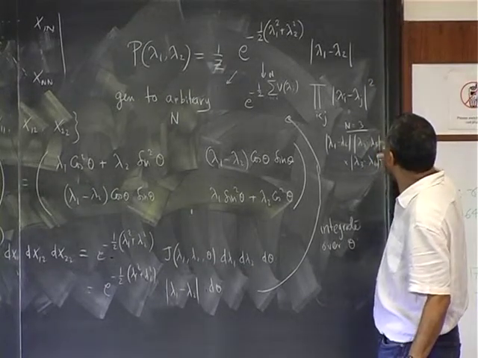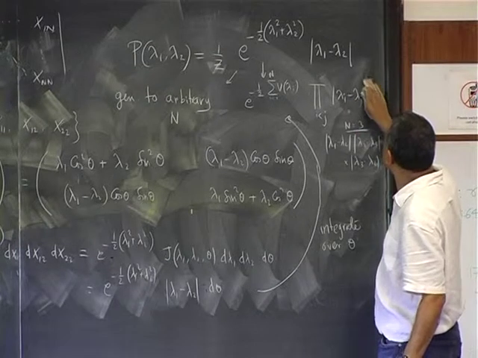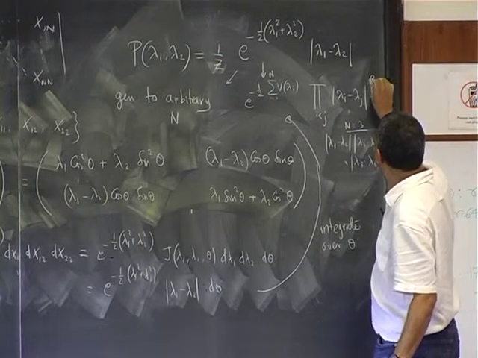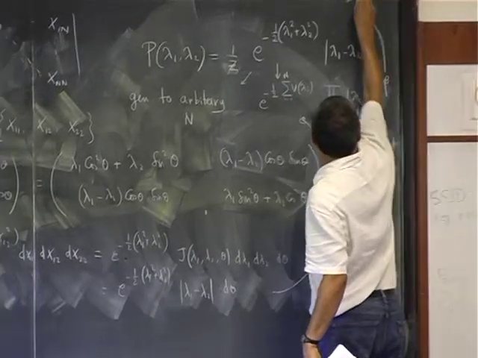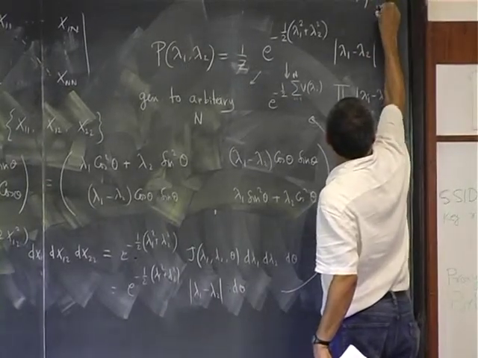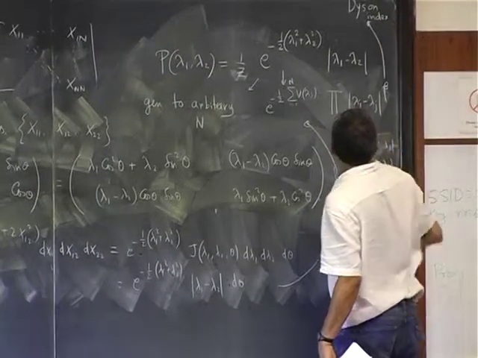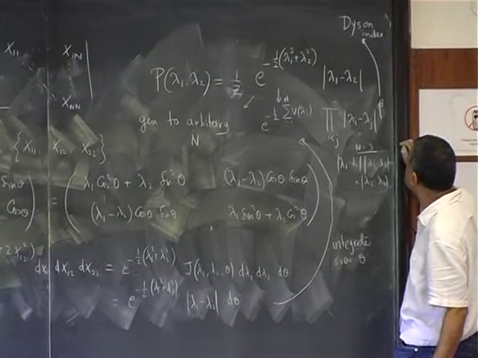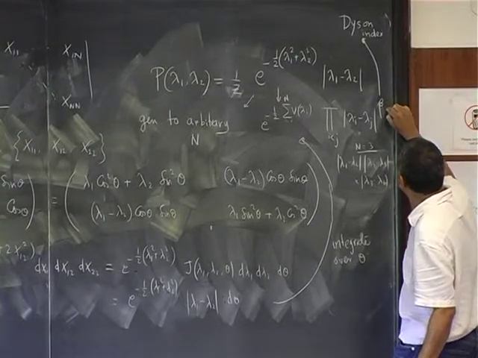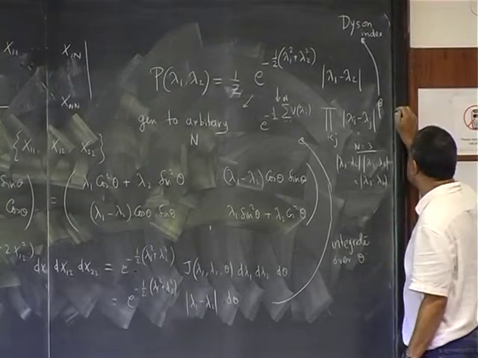Okay? So for real symmetric matrices, in general you can write this with a power beta. This beta is called the Dyson index. Beta equal to 1 is the case of real symmetric matrices, and beta equal to 2 corresponds to complex Hermitian matrices.